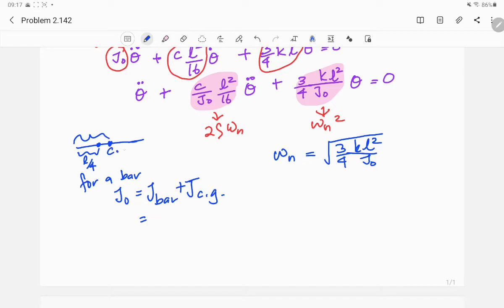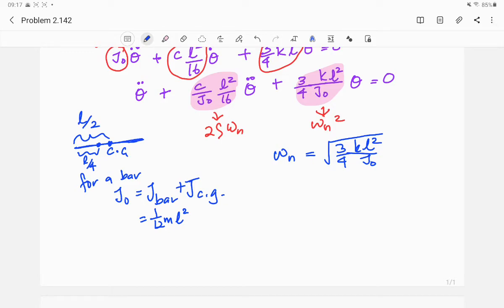So this is what we call the center of gravity. For any homogeneous rigid body, normally the center of gravity is at the center. The formula for J bar is 1 over 12 ml square. This is quite standard, and you can look at it in your textbook.